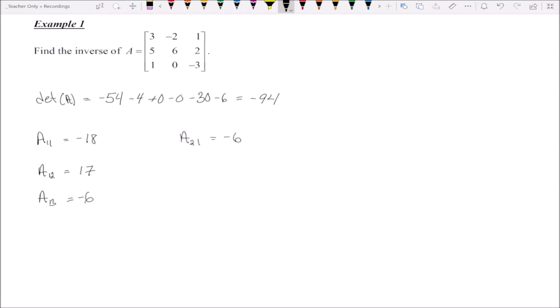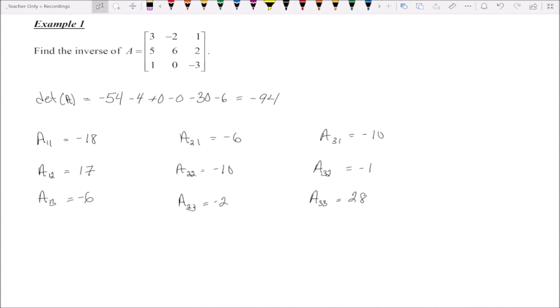A21 would also be negative 6. A22 would be negative 10. A23 is negative 2. A31 is negative 10. A32 is negative 1. And finally, A33 is 28. And you are encouraged to verify each of these cofactors on your own.